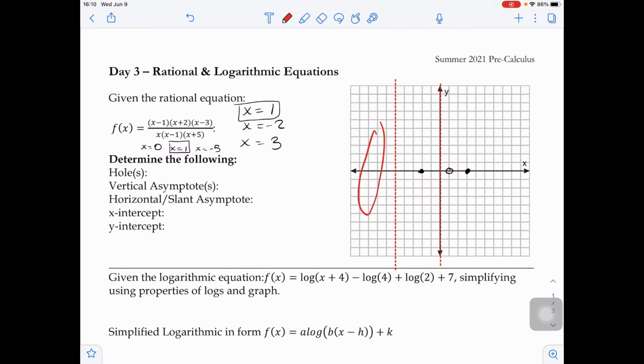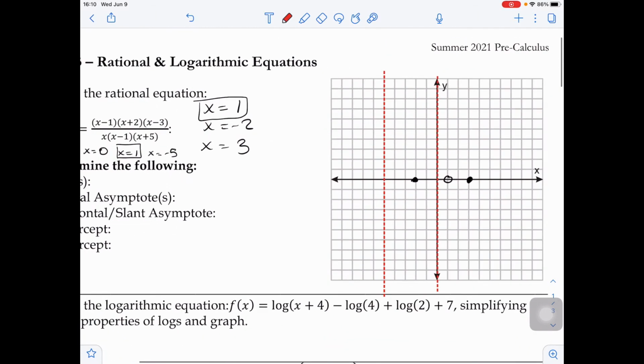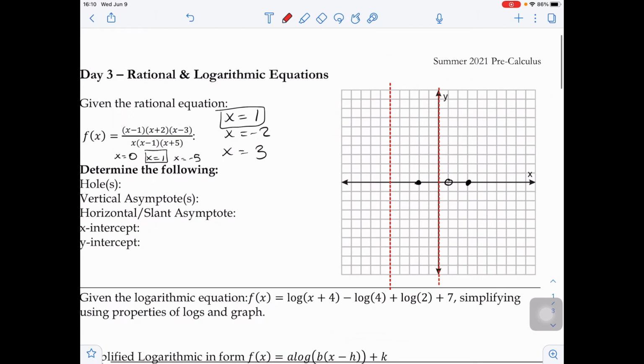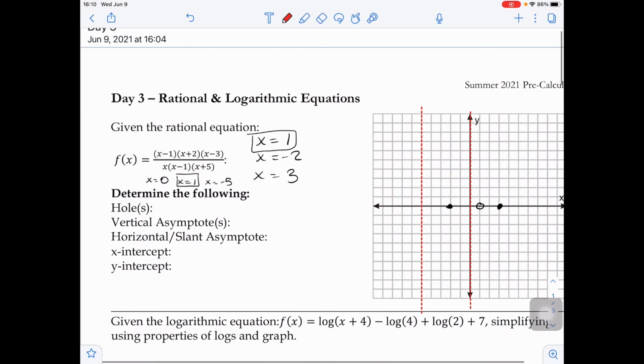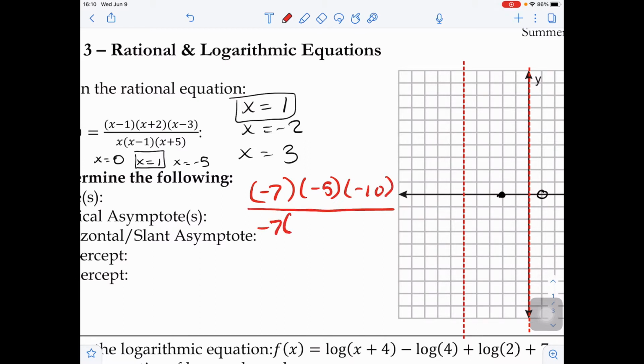So on this side right here, let's just plug in something like negative 6 to see where we have to be. So that would be negative 6 minus 1 is negative 7. Negative 6 plus 2 is negative 4, and negative 6 minus 3 is negative 9, all over negative 6 times negative 7 times negative 1.